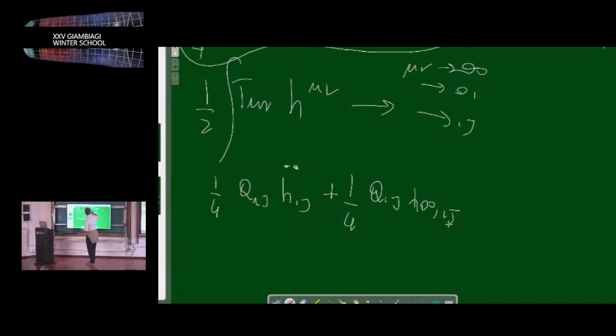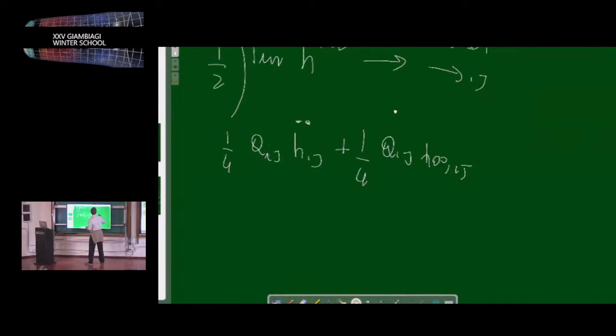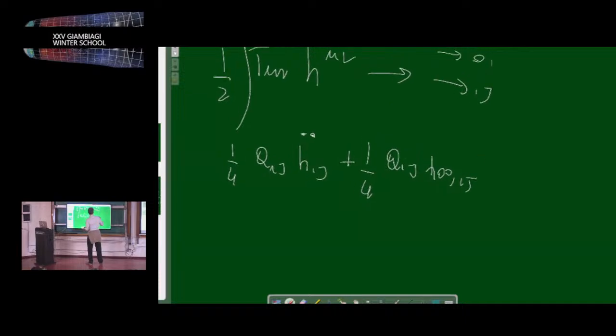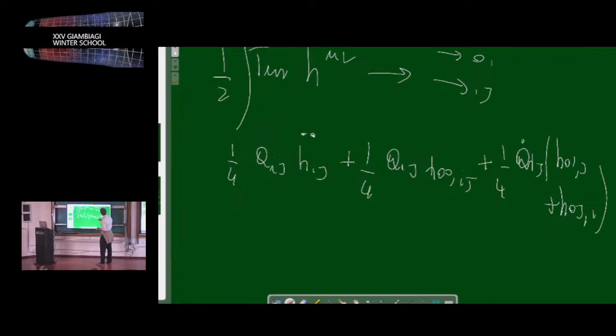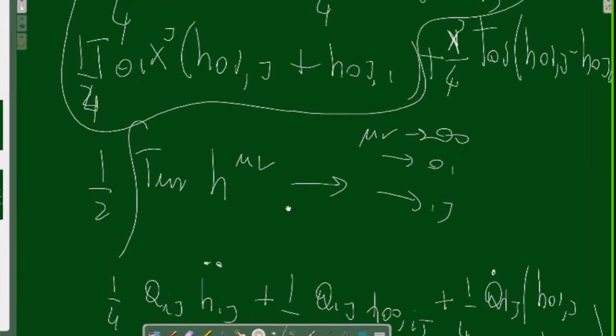And then when I use the standard trick of trading first moment for second moment of T00, from this I obtain h_{0i,j} plus h_{0j,i} with the Q dot, because the standard trick was in the page before.